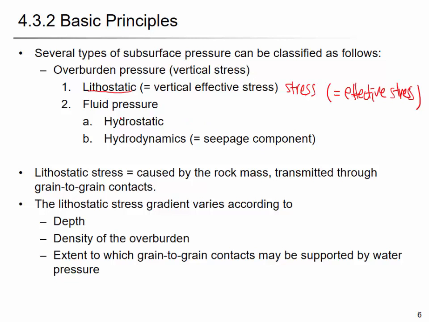Fluid pressure can be hydrostatic when there is no flow. And there is hydrodynamic fluid pressure, when there is fluid flow. If the fluid moves, then you have a different pressure. So there's a dynamic component, and this is with flow.